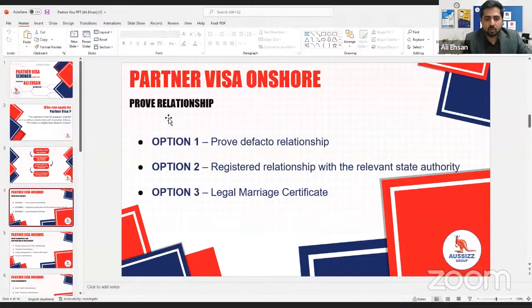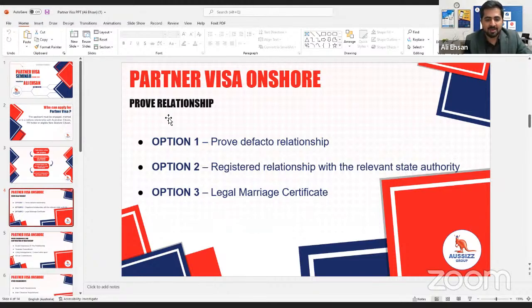The second option is if you haven't lived together for 12 months and you have registered your relationship with the relevant state authority, then you can still become eligible under the de facto category. Option 3 is if you are legally married in Australia, or overseas of course. You should have a marriage certificate to prove that.